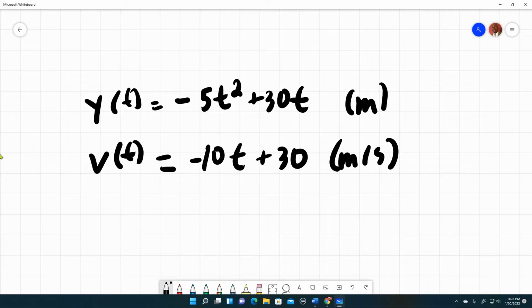But the issue is, what if I wanted to find the displacement or distance of this particular projectile through some particular interval of time? Now, again, when we find distance or displacement, it's on some particular time interval. It's not at an instant, because you don't travel at an instant.